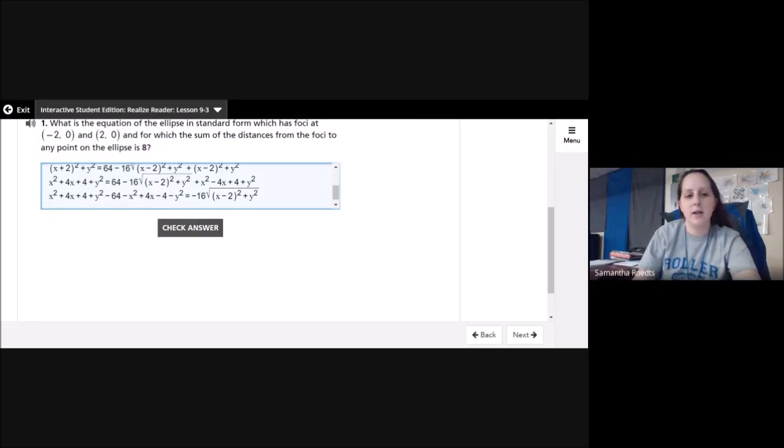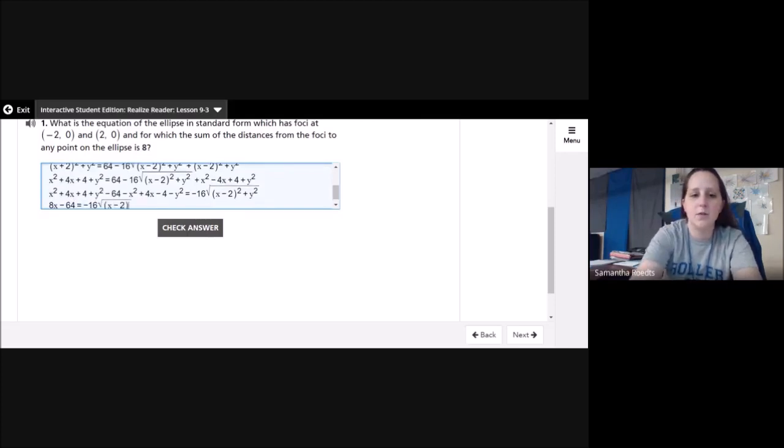The x squared and the negative x squared go away. 4x plus 4x is 8x. 4 and -4 cancel. Y squared minus y squared cancels. And so I'm left with 8x minus 64 equals -16 times the square root of (x minus 2) squared plus y squared.